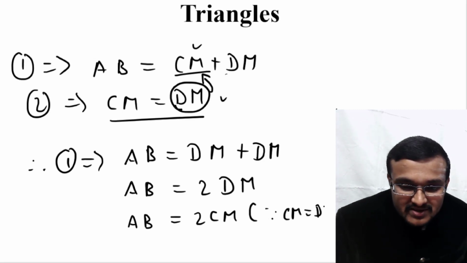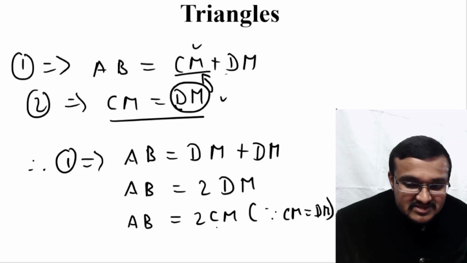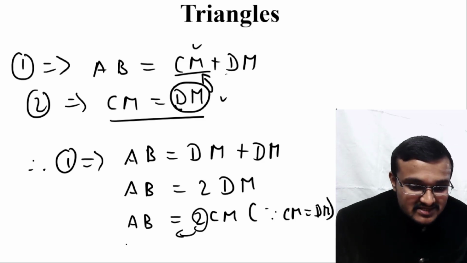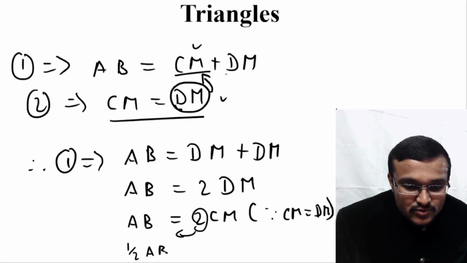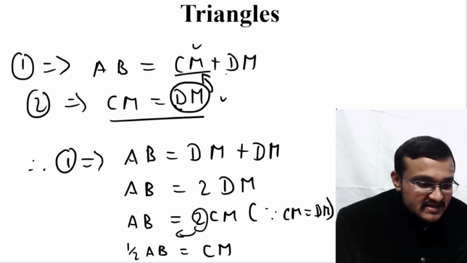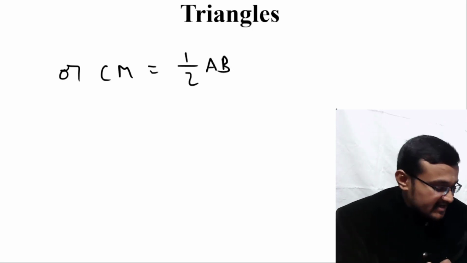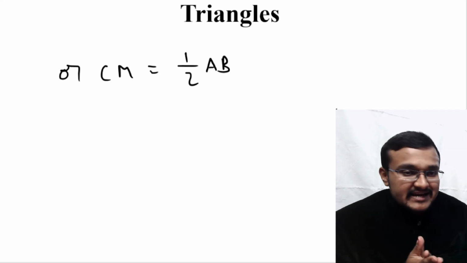This 2 you can bring to the LHS, so that becomes 1 by 2 AB is equal to CM, or you can write this as CM is equal to 1 by 2 AB. So we have proved all the 4 questions in the 8th question.